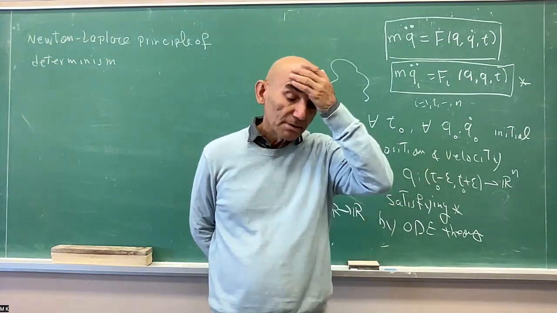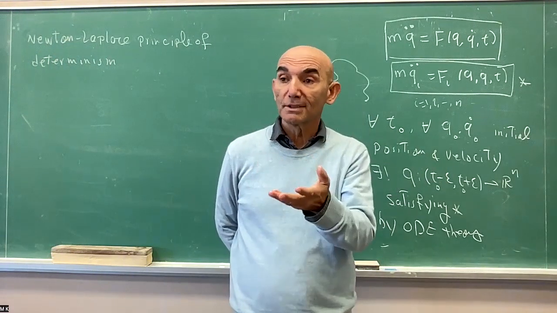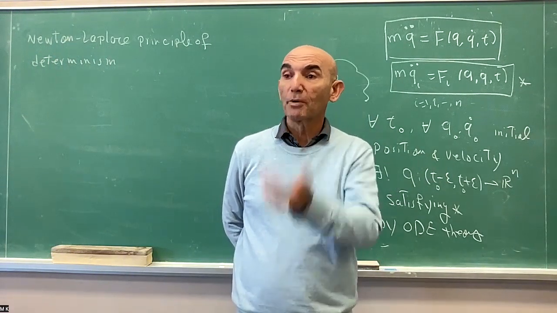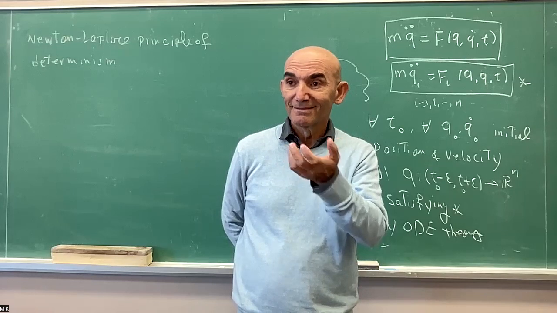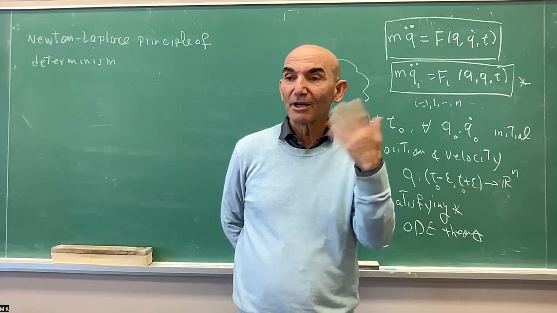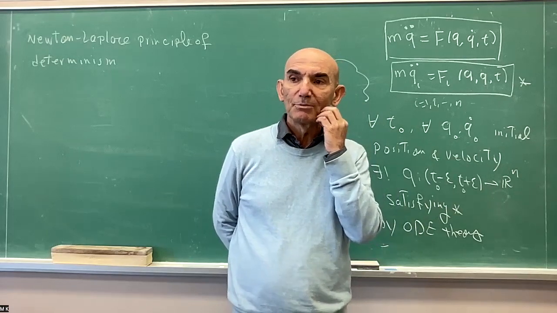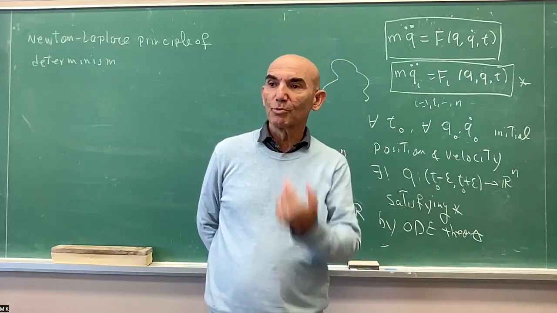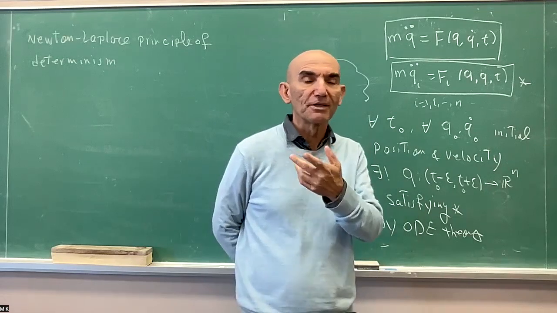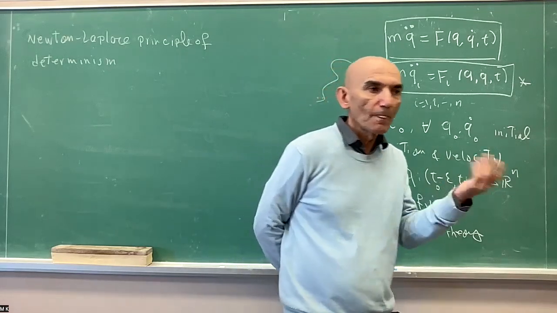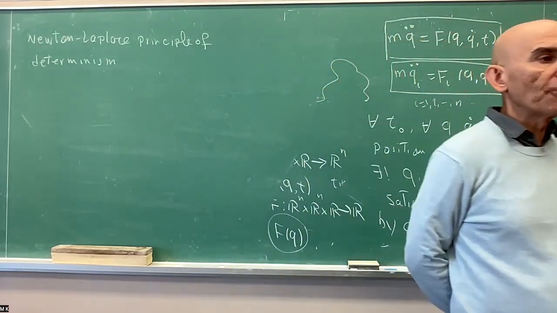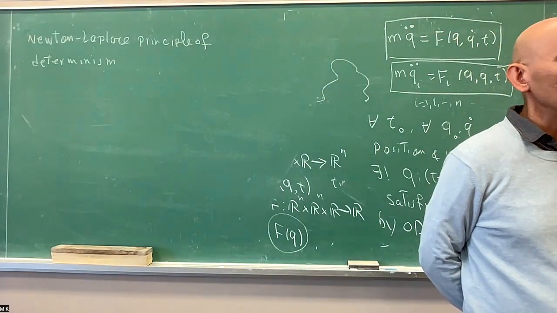And in fact, this nonlinearity often causes the solutions to blow up in finite time. If it's linear, the solutions exist at all times. But nonlinearity causes solutions to blow up or go to infinity in finite time. So if a particle escapes to infinity in finite time, then there are no solutions beyond that.